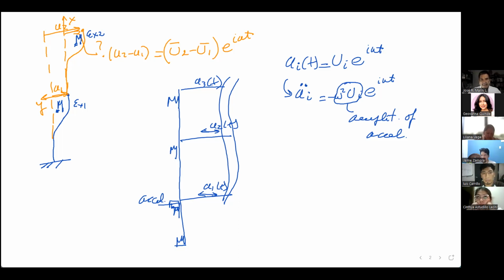Group 8. Freire, Pincay, and Jimenez. Too many people in there. Doctor, we are group number 2. We didn't know that. Okay. Me, Delgado, and Hidrogo.